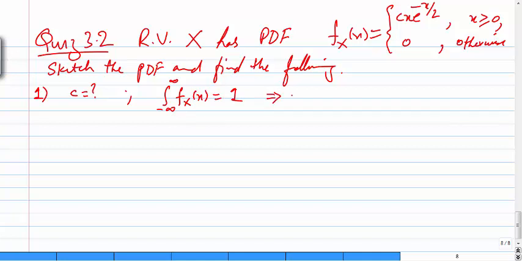This implies that when I take the integral, it is only defined from 0 to infinity from the definition, so this becomes the integral of c x e^(-x/2) dx equal to 1.